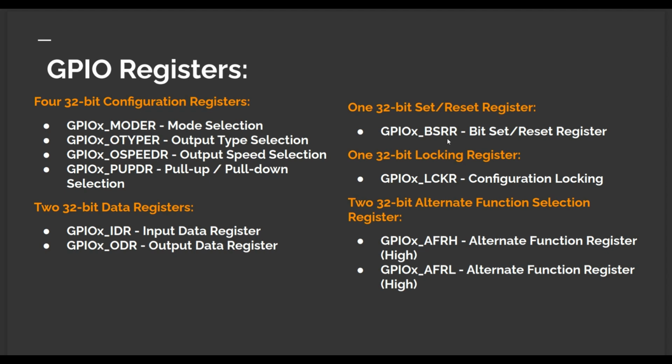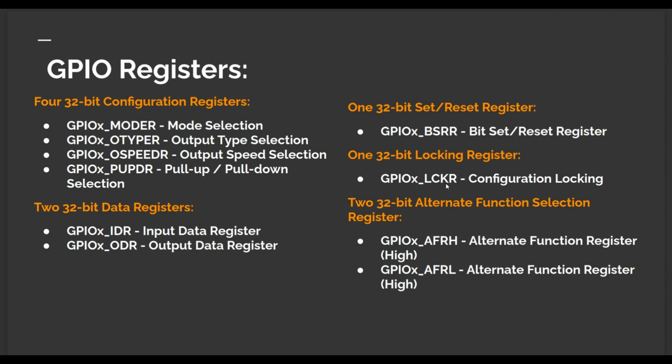Then the bit set and reset register. As we briefly discussed, the bit set and reset register will allow us to access the output data register bitwise. So we can access each bit of the output data register by setting this register.